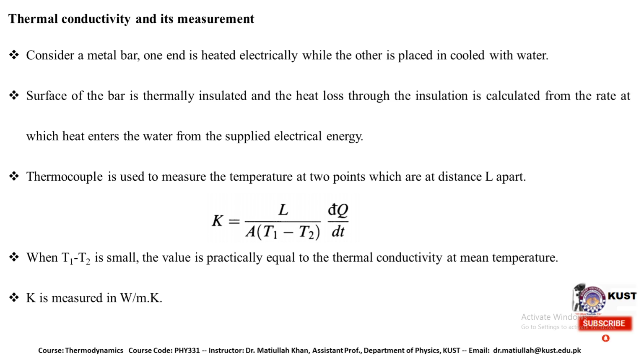So for a particular conductor or insulator we can measure its values. If heat is not transferred from one end toward the other end, we can consider it an insulator, and we can calculate its thermal conductivity as well. When T1 minus T2 is small, the value is practically equal to the thermal conductivity at mean temperature.